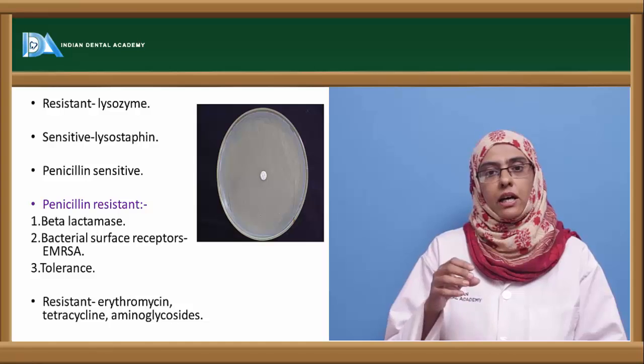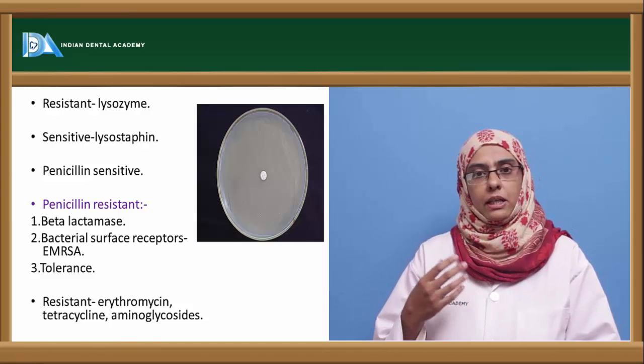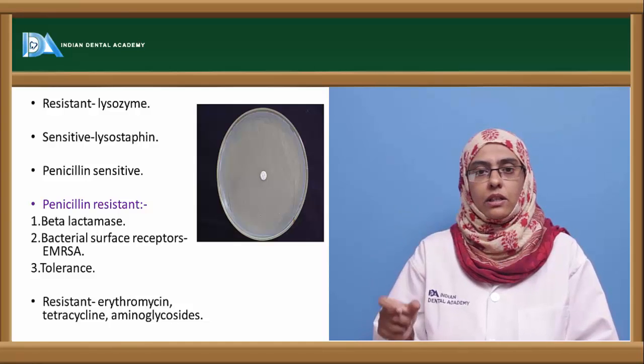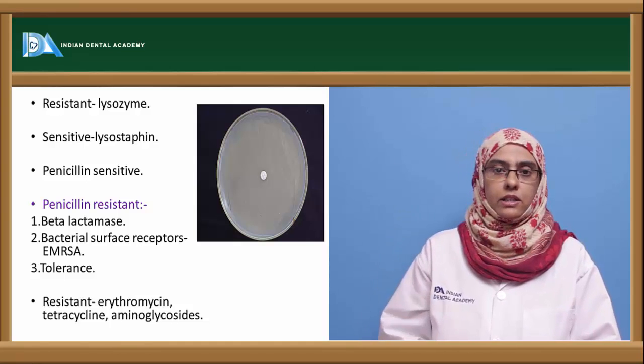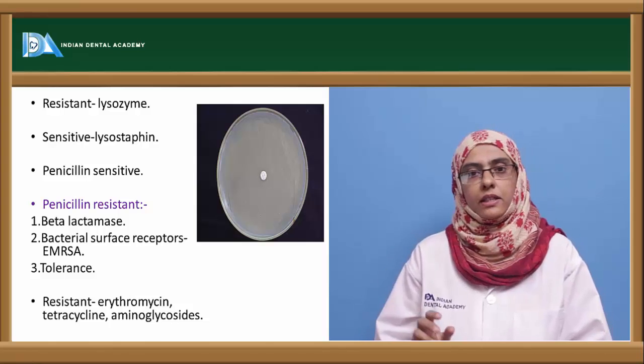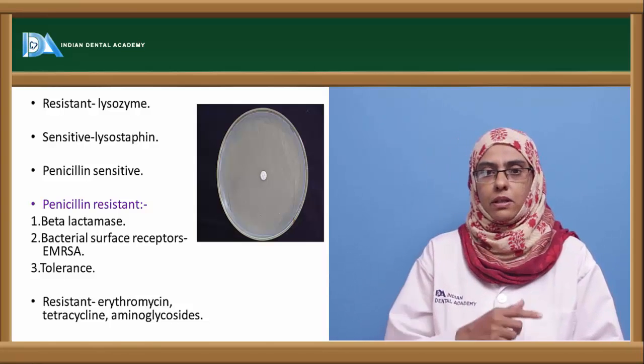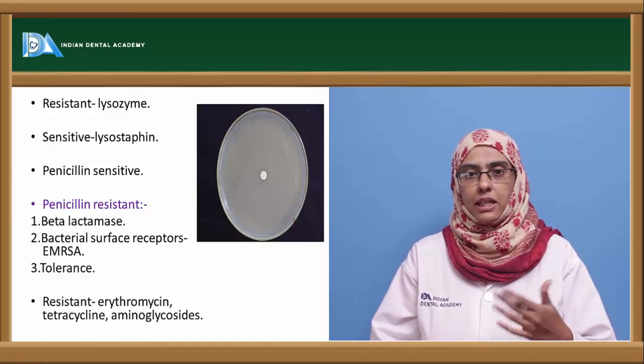Usually, when penicillin or any beta-lactam antibiotic is given, it acts on a certain receptor of the organism. These organisms are smart enough to have changed the receptor so that the beta-lactam ring cannot detect it.